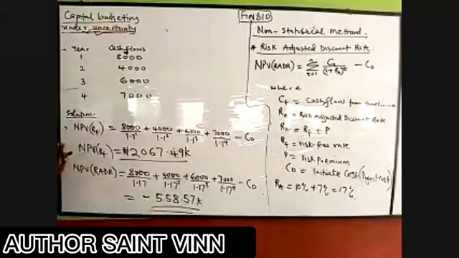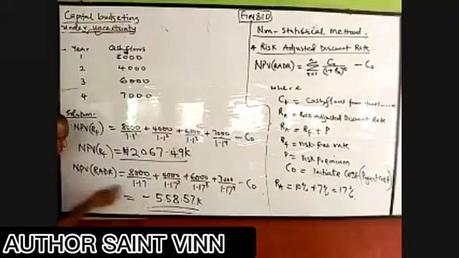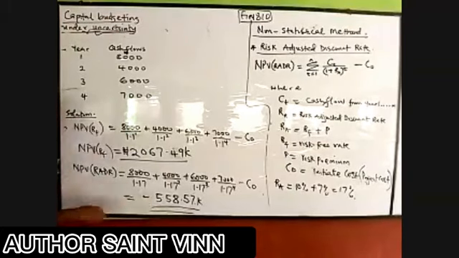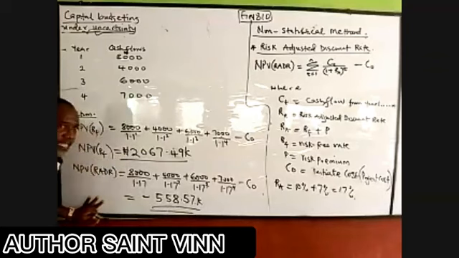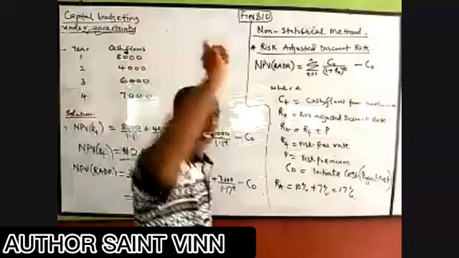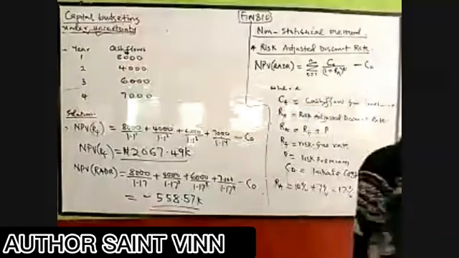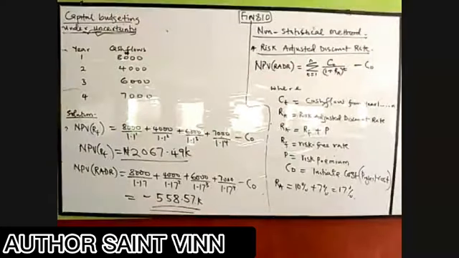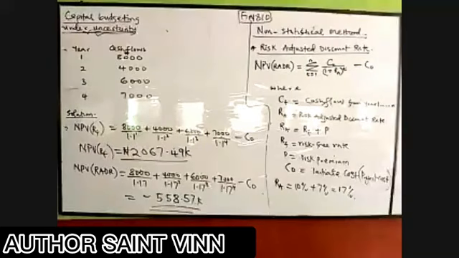If it was positive, the project would have been executed. But because the NPV of the risk-adjusted discount rate is giving us minus, it shows that this particular project is not viable. Therefore, it should not be what? Accepted. We should reject the project. And that is all about the risk-adjusted discount.